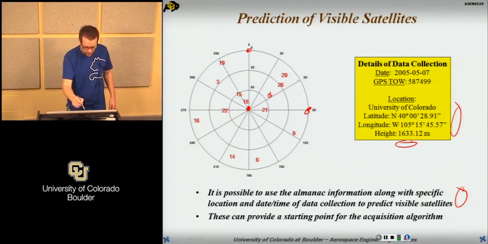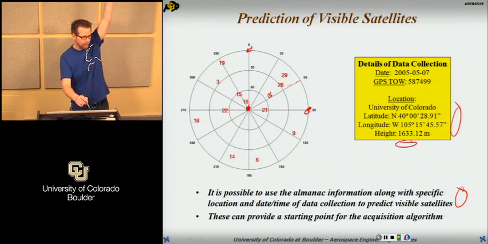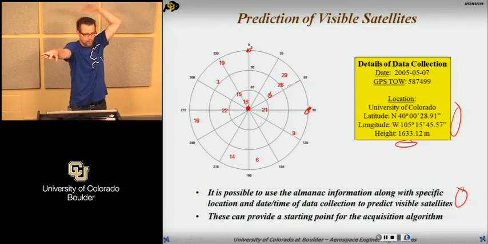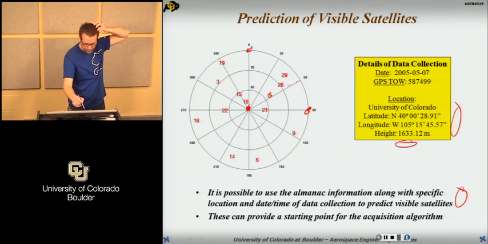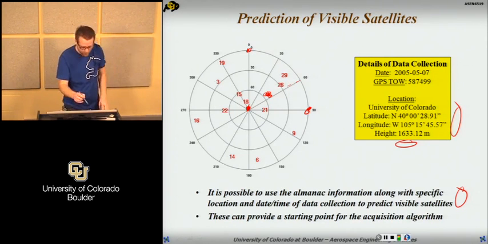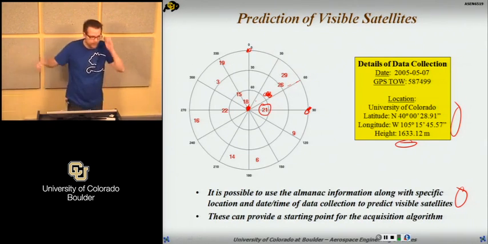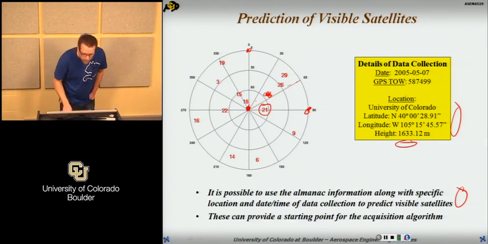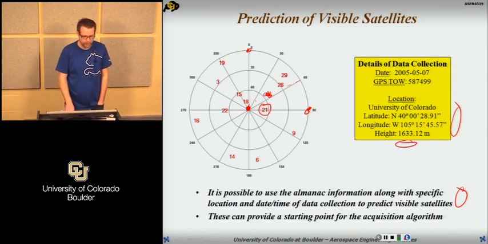And whatever here, this is straight up, 90-degree elevation. The elevation is starting from the horizon and then up. So this one is going to be pretty high up. So 21, for example, is basically directly east, about 65, 70 degrees elevation.